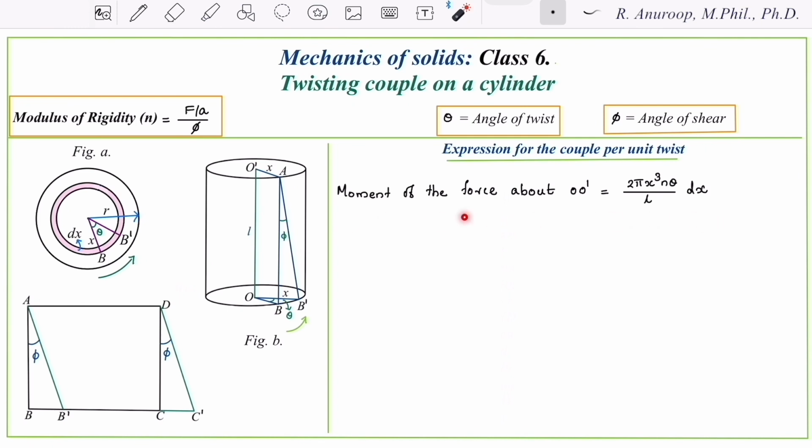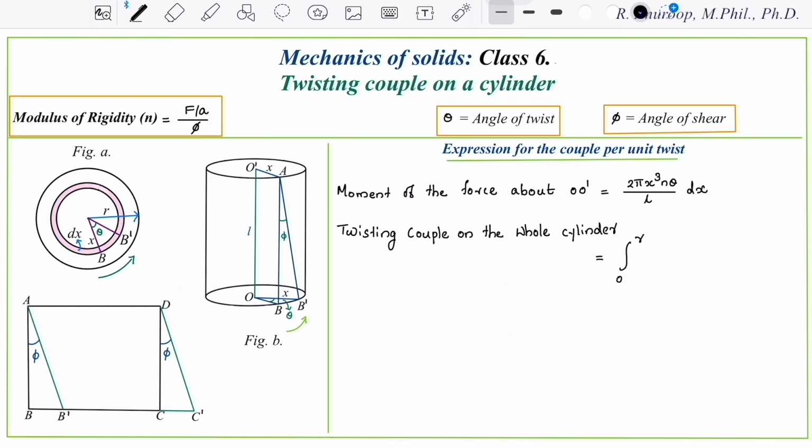Now let us find the twisting couple on a cylinder. Imagine the cylinder is made up of a large number of coaxial hollow cylindrical shells having the radius varying from 0 to r. So if you integrate the moment of the force about O dash from 0 to r, that will give the twisting couple on the whole cylinder.